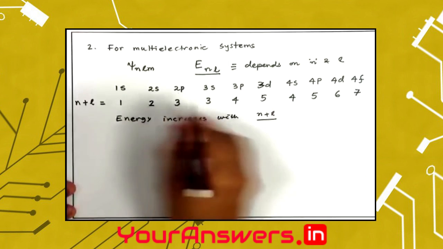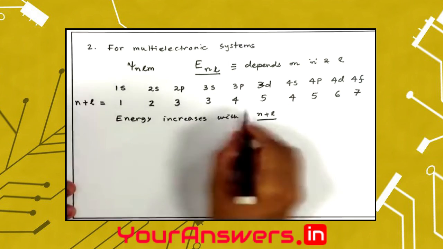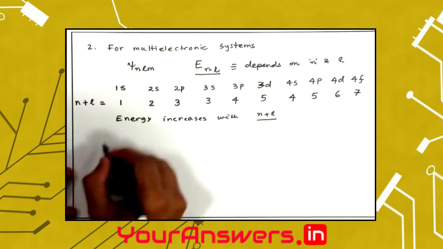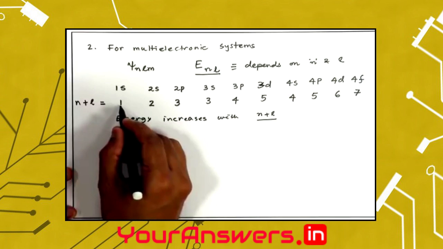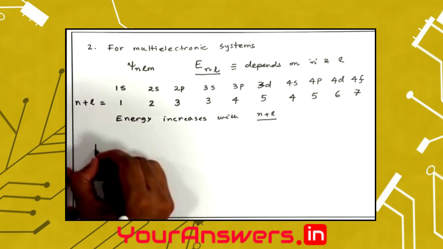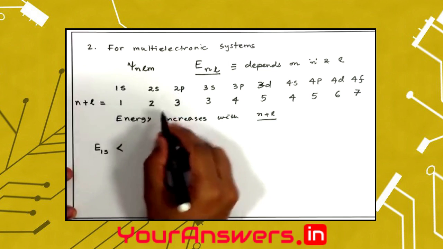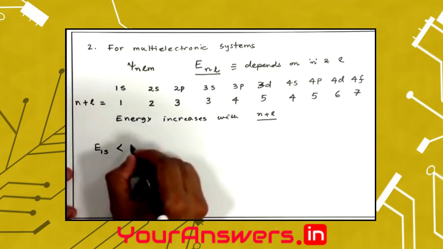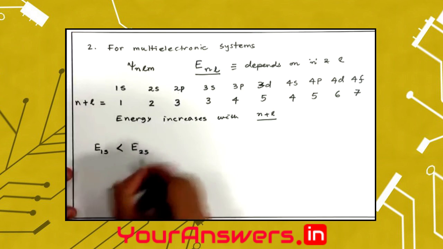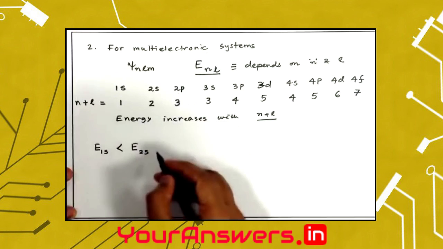Now, if we want to write down the energy levels in increasing order, this is how it will be. The lowest value of n plus l is because of 1s. So, this is the lowest energy, E 1s. Its energy is less than, what is the next value of n plus l? That is 2. So, that is because of 2s orbital, and what is next one?